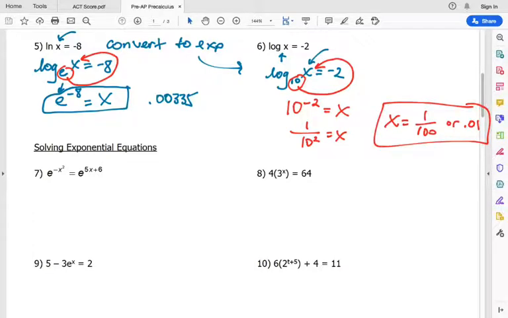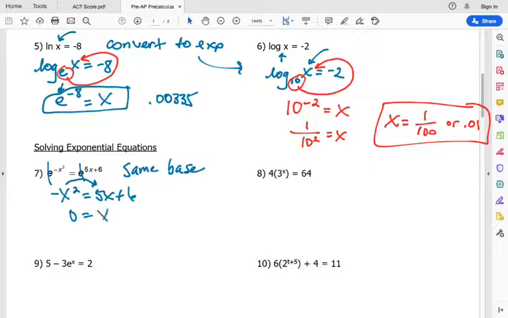Okay, on number 7, again, we've already got a situation where we've got the same base. So since we have the same base, we can ignore that and set the exponents equal to each other. And now we have a quadratic to solve. When you have a quadratic, you want everything on the same side and you want it to be equal to 0.